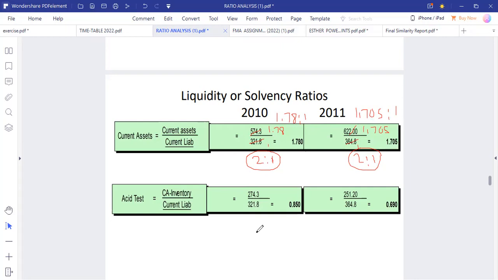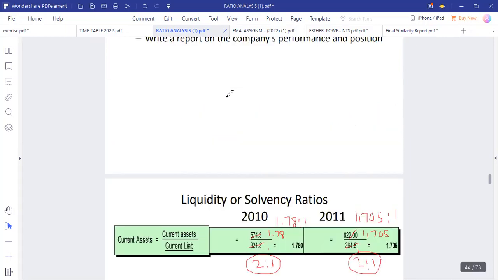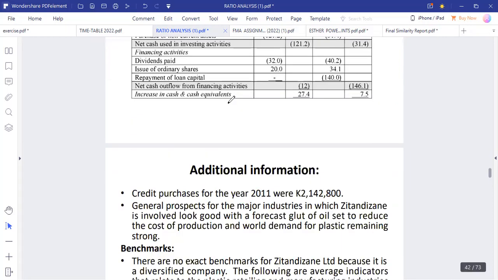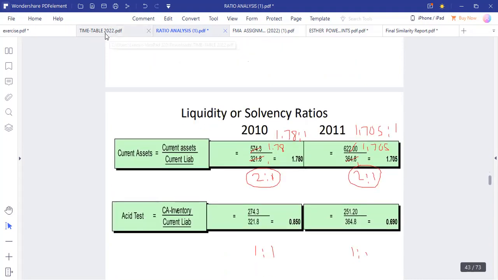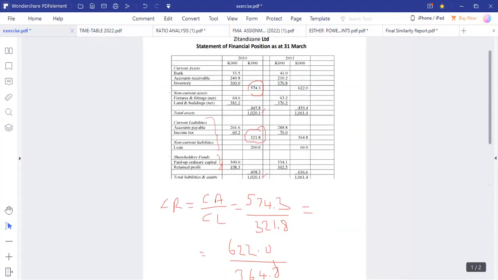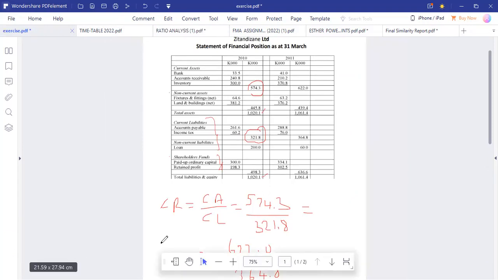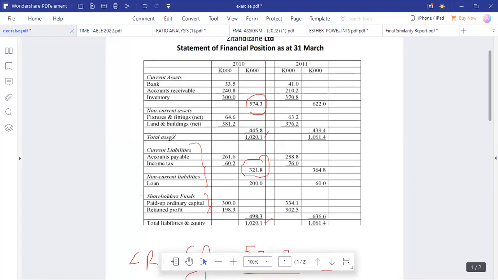It's clear. Then from here, the acceptable market rate was 1 to 1. So here, we subtract inventory from current assets. When we go into our statement, we need to subtract the inventory.